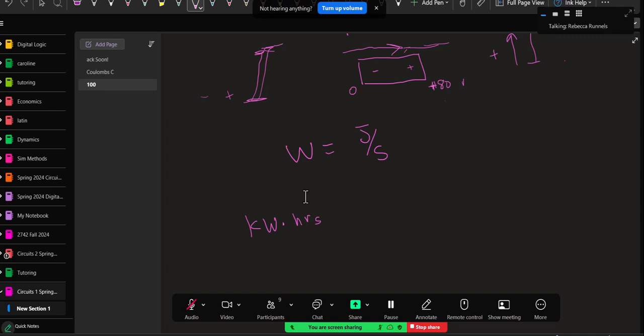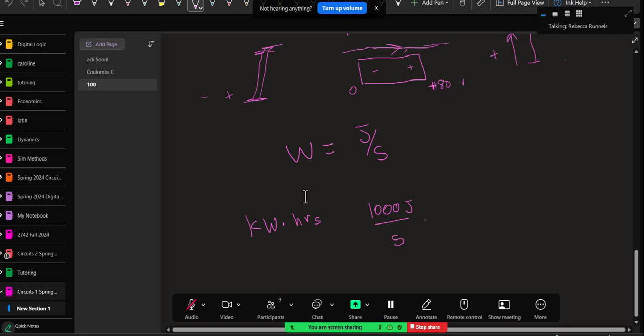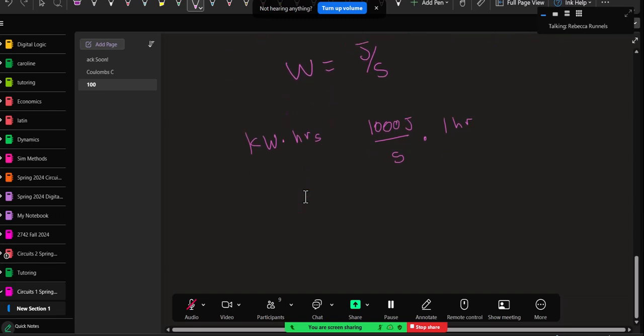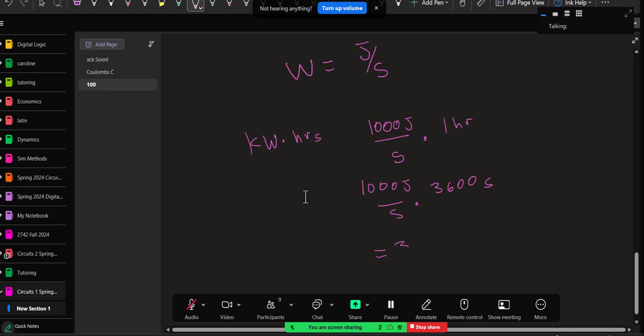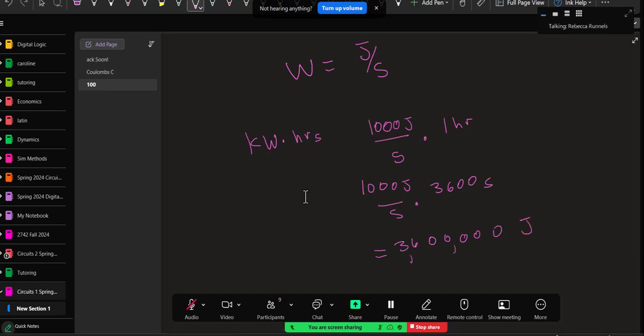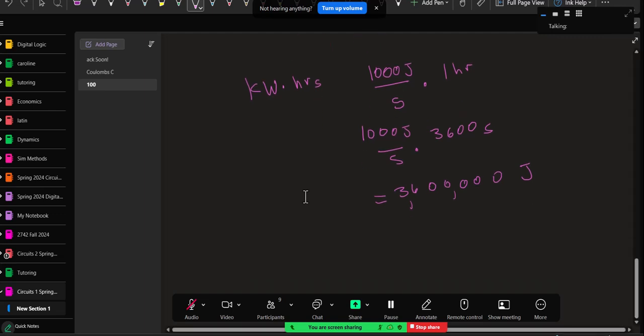So a kilowatt hour is 1,000 joules per second times 1 hour, or 1,000 joules per second times 3,600 seconds, or 3,600,000 joules, or 3,600 kilojoules.